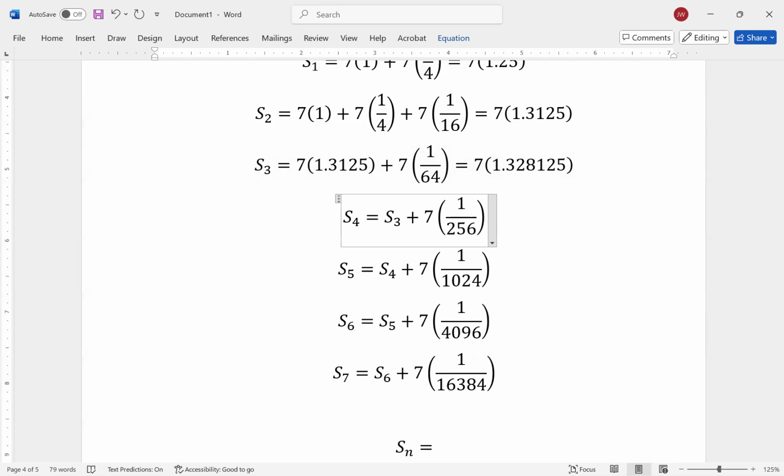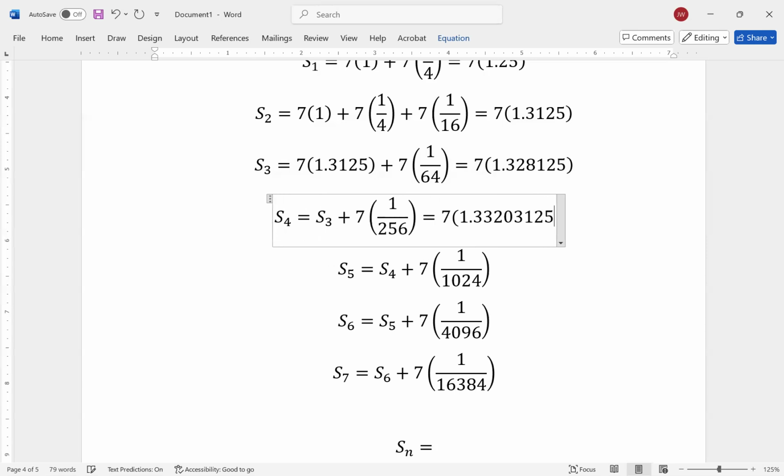Okay. Now, going back up and filling in what we have. If we start with this, and then we add 7 times 1 over 256, we end up with 7 times 1.33203125.